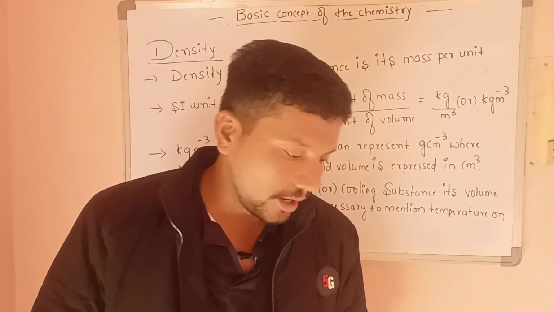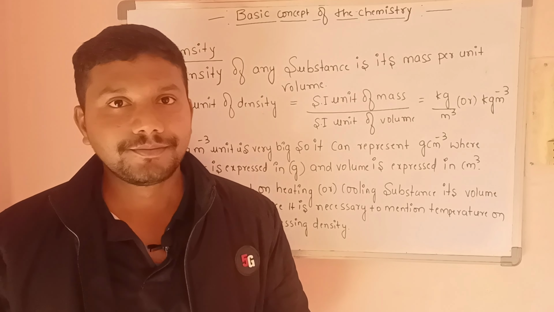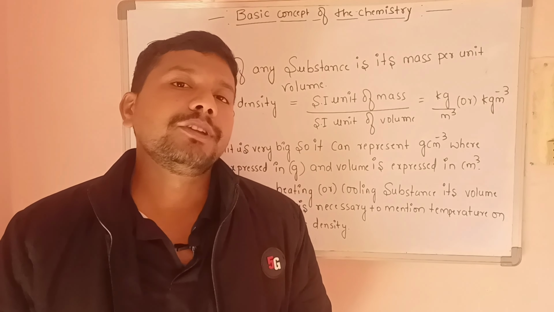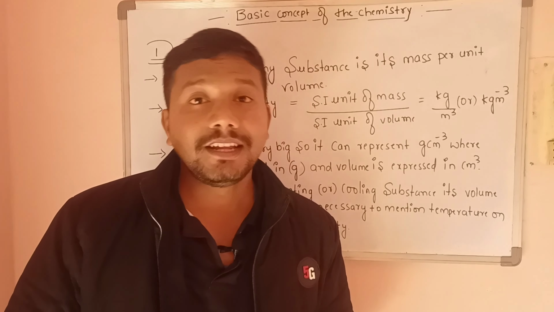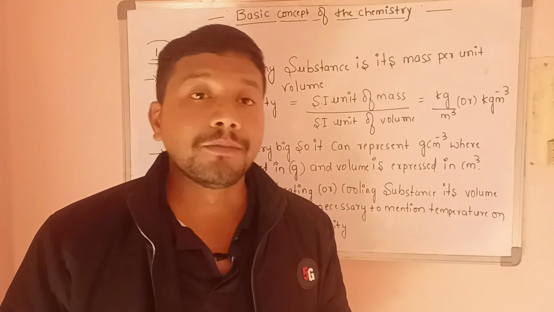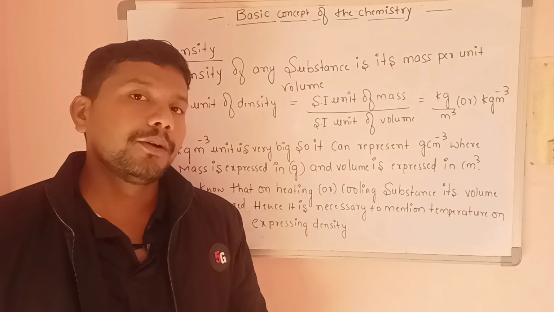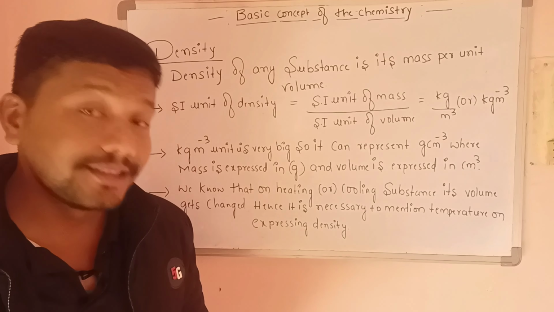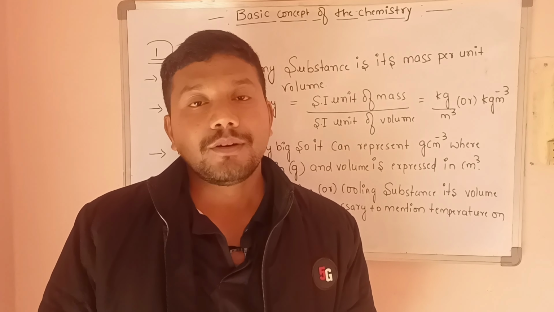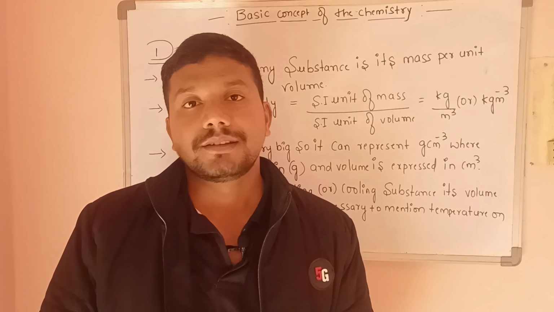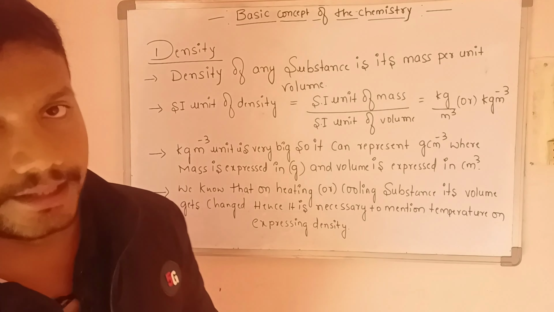If you take one steel rod and a wooden stick and throw them into a river, the steel rod sinks to the bottom of the river, whereas the stick remains floating on the water. Why? Because the density of the steel is more compared to the stick. Due to density, it sinks. This is one of the best examples to understand density.